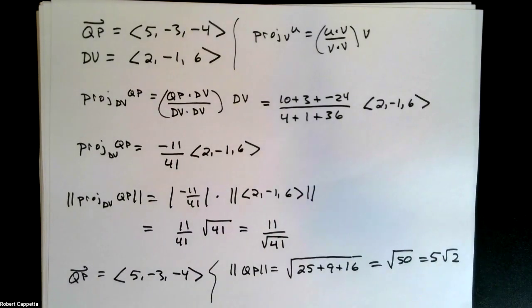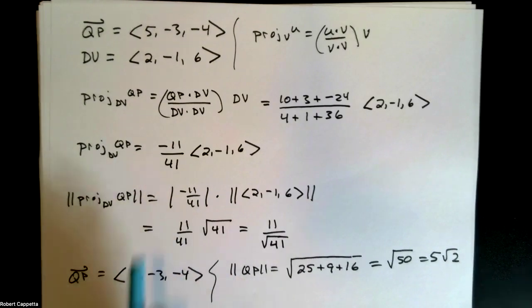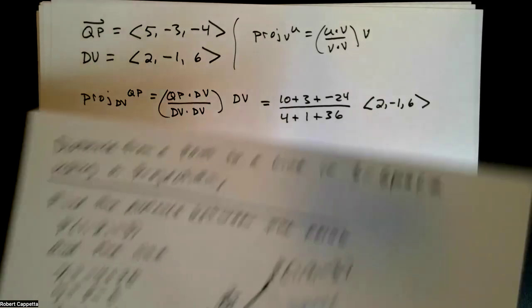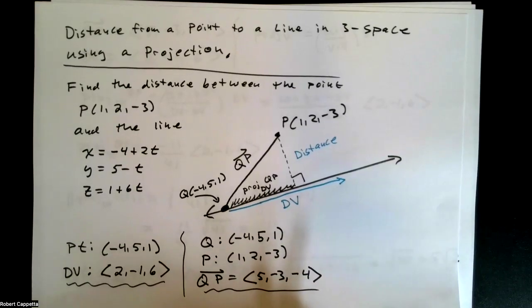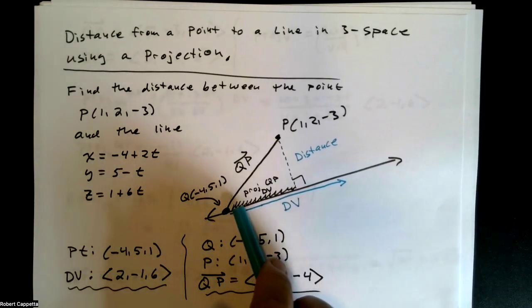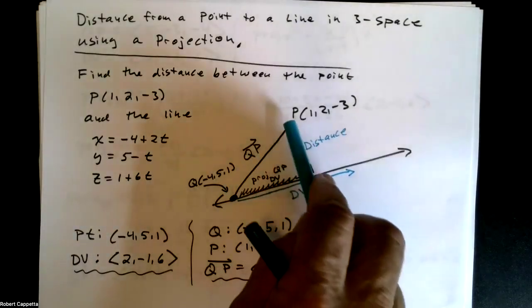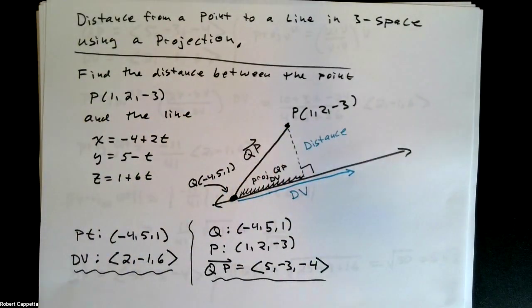So that gives us the magnitude of QP, but again, we have to look at our picture. We know the magnitude of QP, and we know the magnitude of the projection of QP onto the direction vector. Do you see how this is going to work? We know this magnitude, we know this magnitude, we want to get the third side of the triangle. And the tool we need to use, of course, is the Pythagorean theorem.